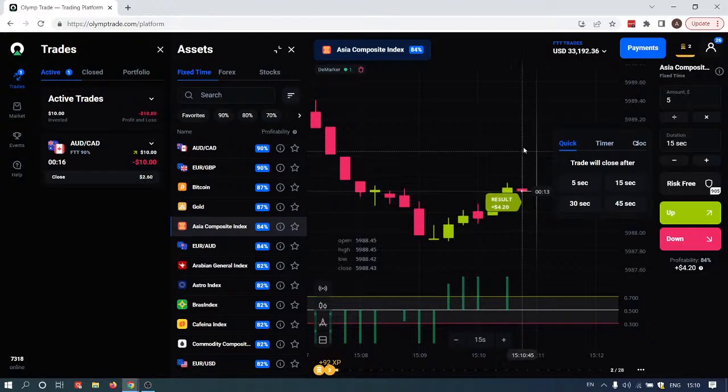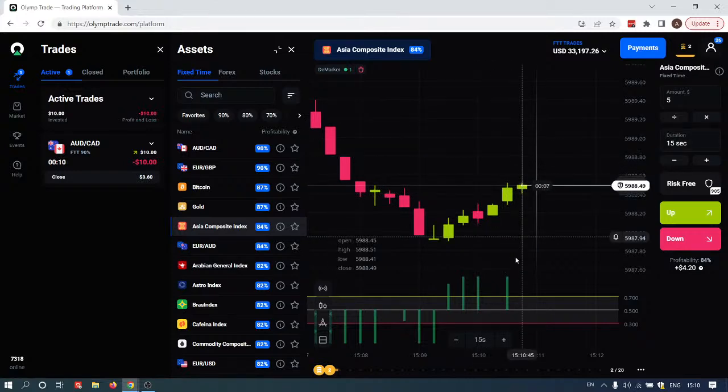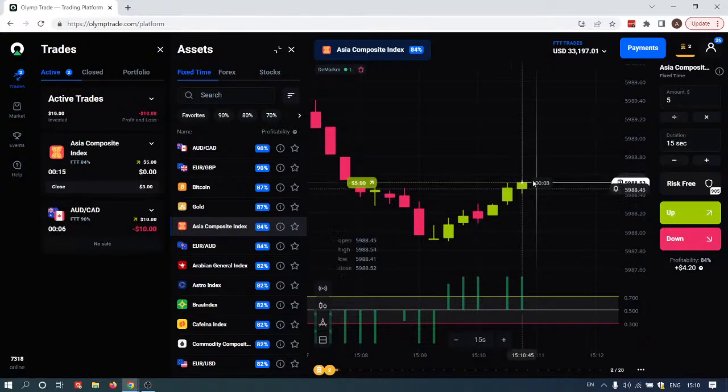So I call them ultra quick trades. They're not just quick, they're ultra quick. So 15-second trades, 15-second candlesticks, and voila, a trade in the upwards direction.